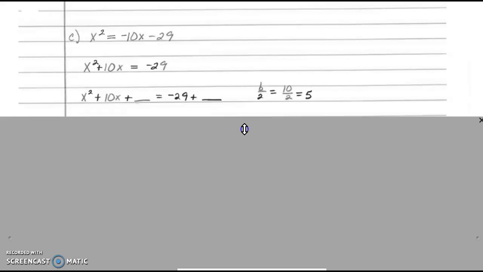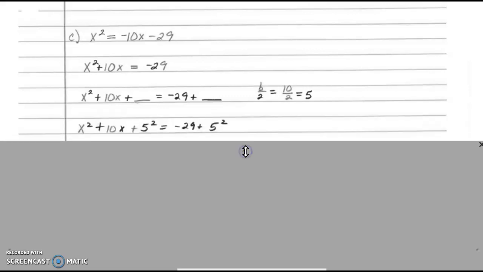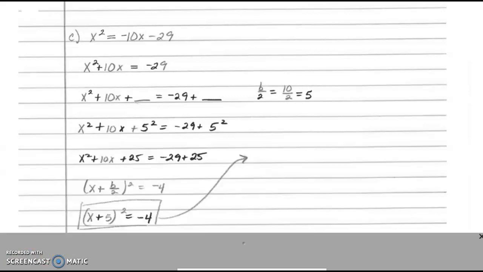And we add the square of that to both sides. So we're going to add actually 25 to both sides. So we're going to get x squared plus 10x plus 25 equals a negative 4. And that x squared plus 10x plus 25 factors into x plus 5, that quantity squared.